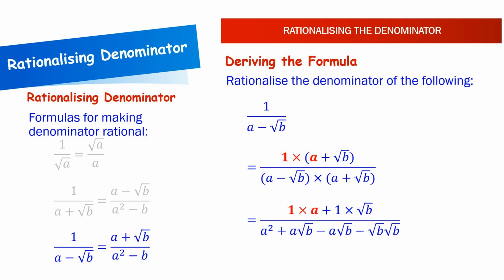And so if we multiply out, we have 1 times a plus 1 times root b divided by a squared plus a root b minus a root b minus root b times root b, to give us a plus root b all divided by a squared minus b.